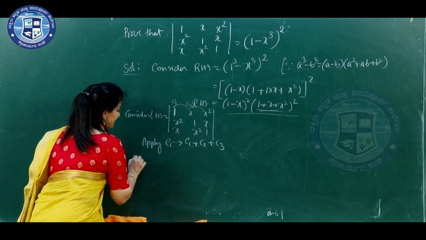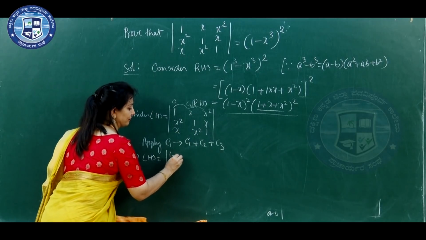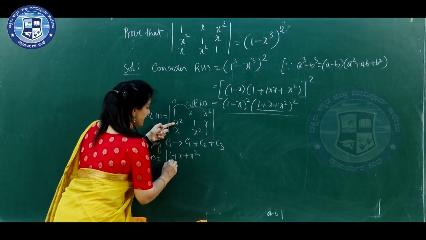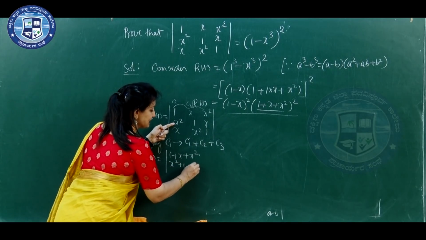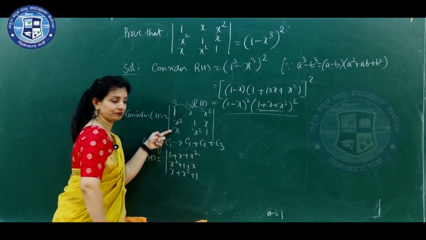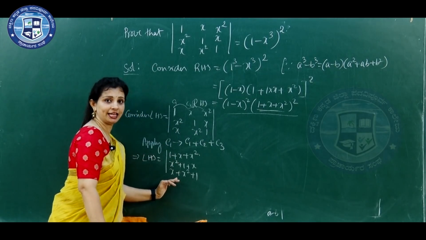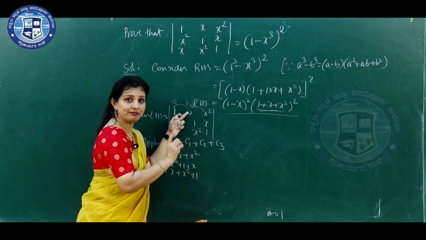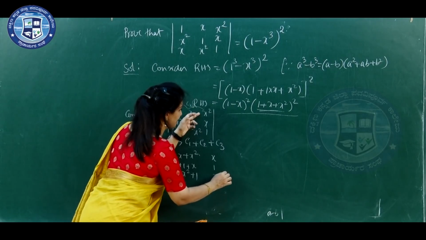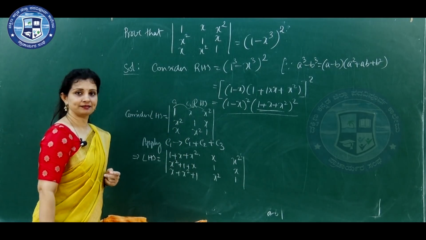So, LHS equals, adding it up, 1 plus x plus x square in the first column, next x square plus 1 plus x, now x plus x square plus 1. With C1 plus C2 plus C3, first column elements are changed, and the second and third column elements remain as they are: x, 1, x square; x square, x, 1.